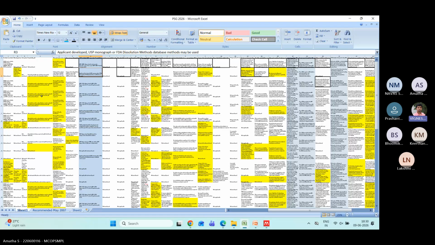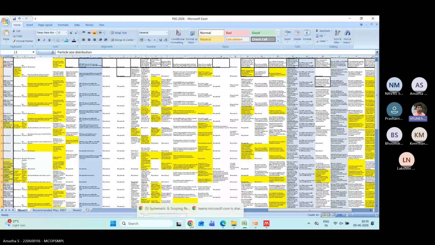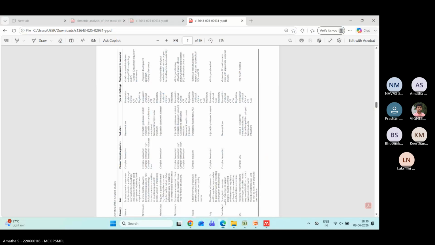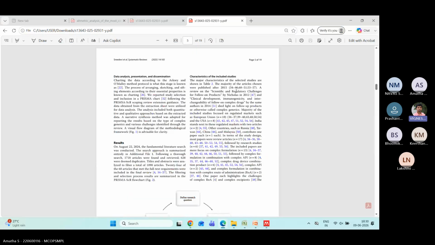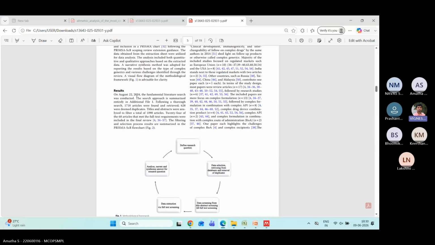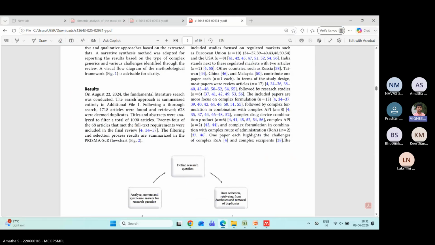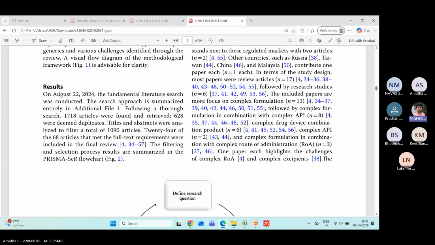Once you get these things, first you have to make 5 to 6 characteristic columns. Characteristic columns means you have to look into the type of study. How we usually write in a paper, when it comes to the result portion, is we write which day we did the search and what search approach we used.